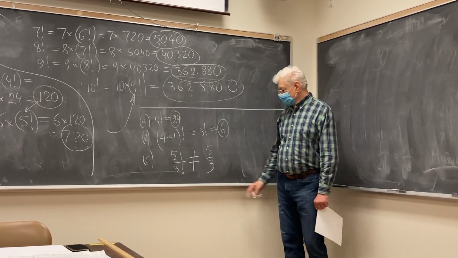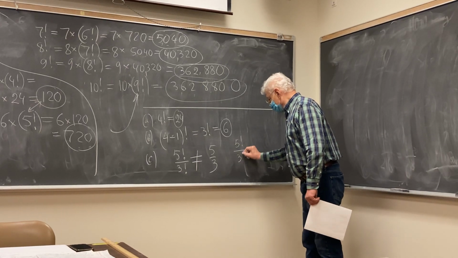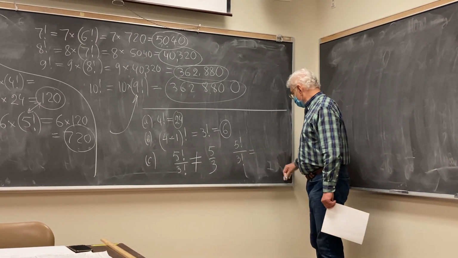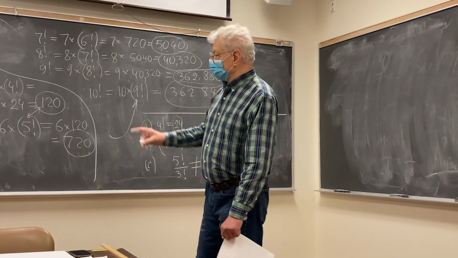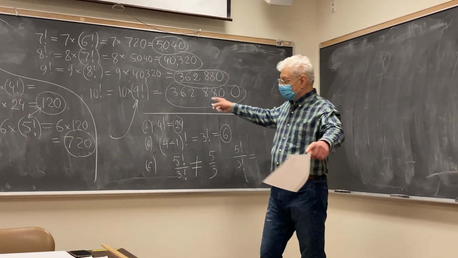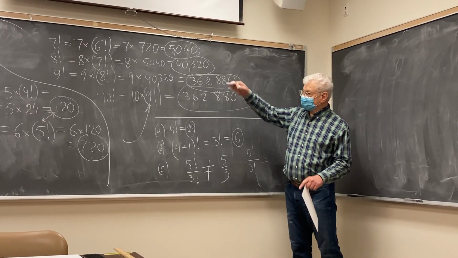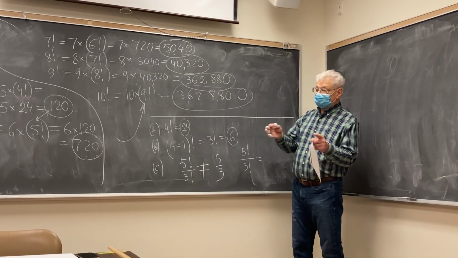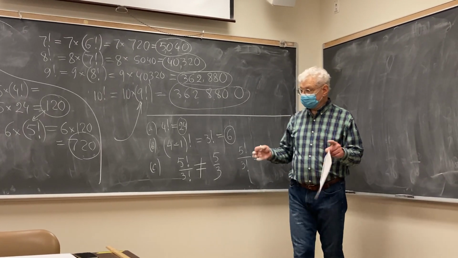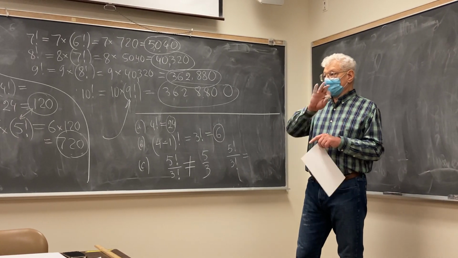It's not true. So it's not 5/3. What is it? 5 factorial over 3 factorial. And also let me show you that you do not need to make all the multiplications. See, the numbers become bigger and bigger. If you calculate a number and then divide by another number, you'll get the correct answer if you use a calculator. But without a calculator, use the rule I taught you many times.